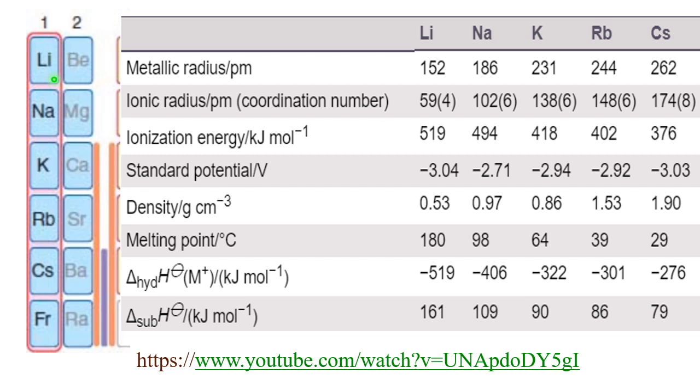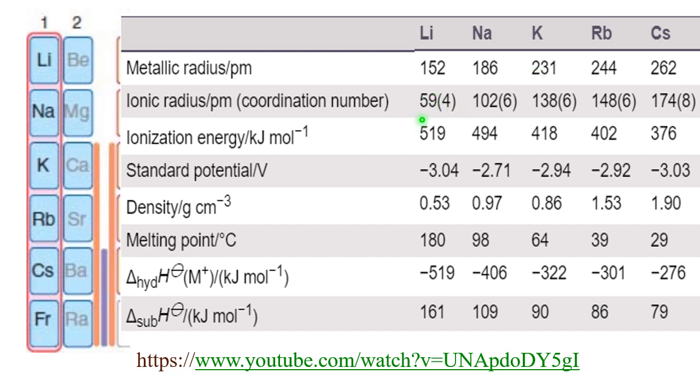All these elements are metals. Their metallic radius, so radius of atom in a metal, increases with the period of the periodic table. So smallest is lithium, sodium, potassium, and cesium is the largest.